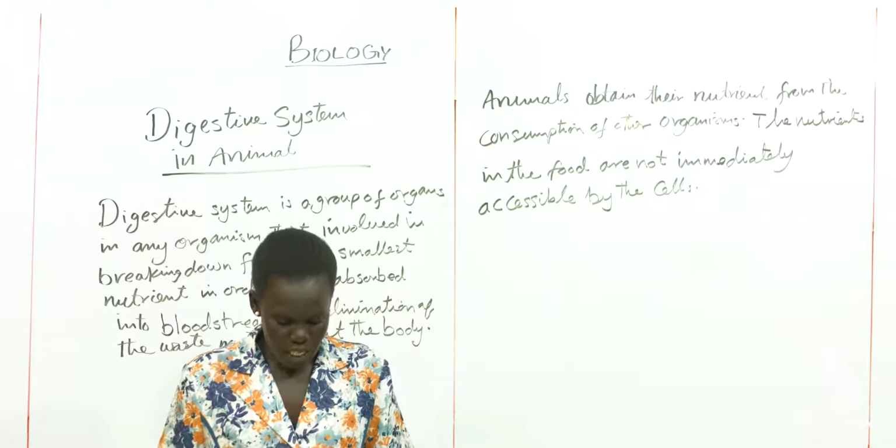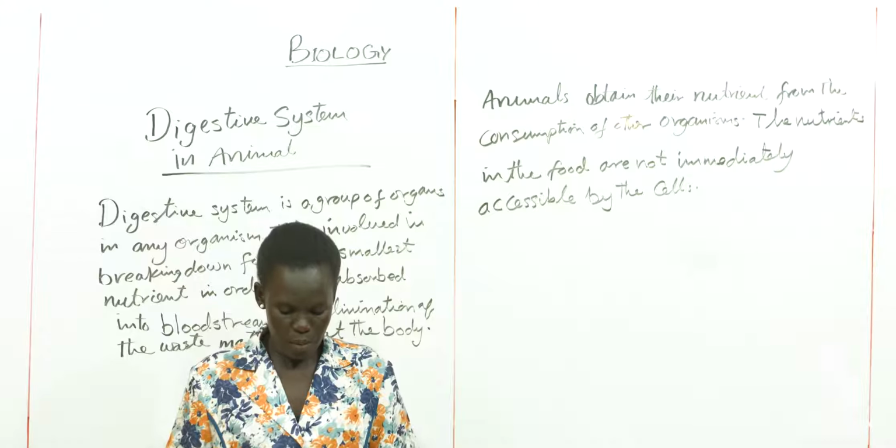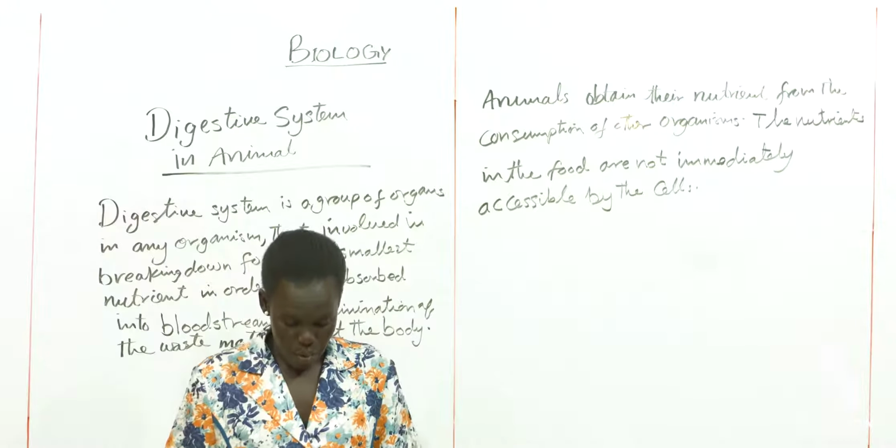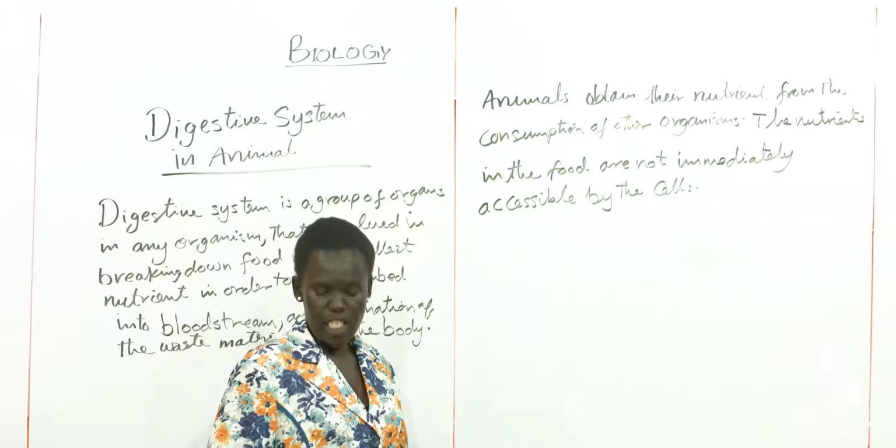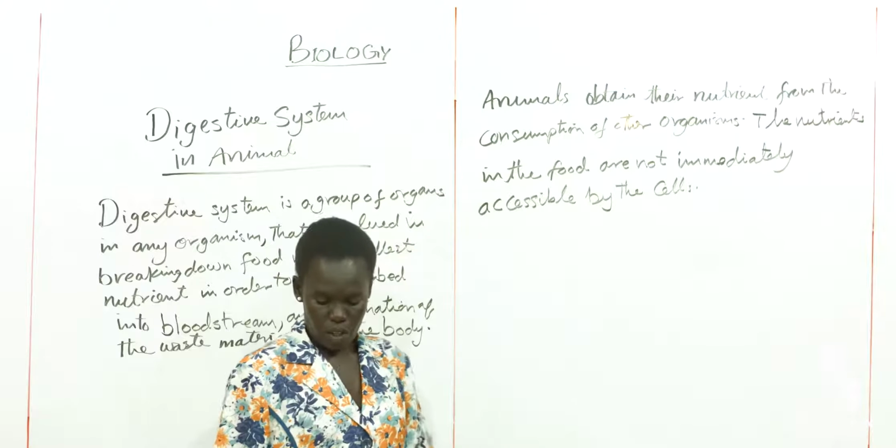So there are many processes that modify food within the animal body in order to make the nutrient accessible for the cellular function.